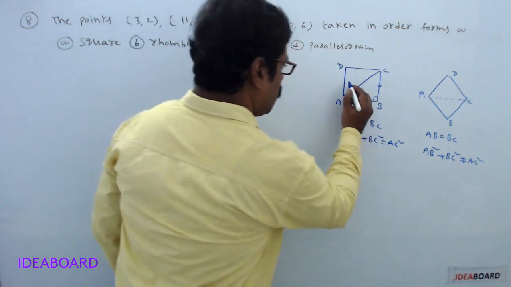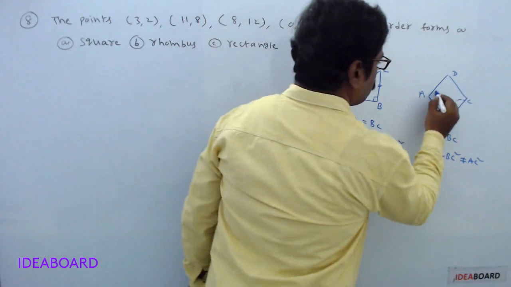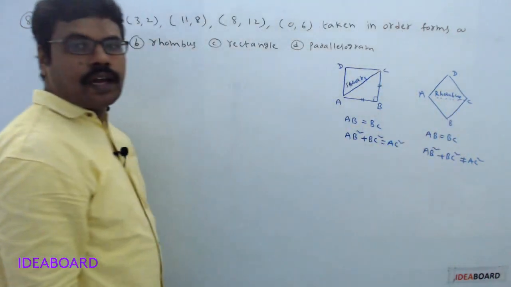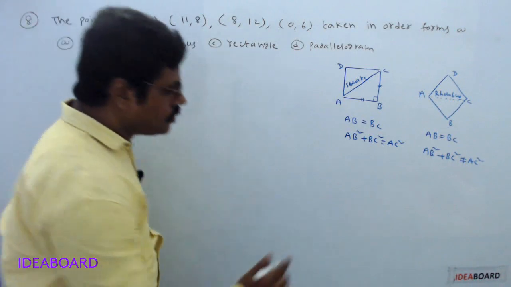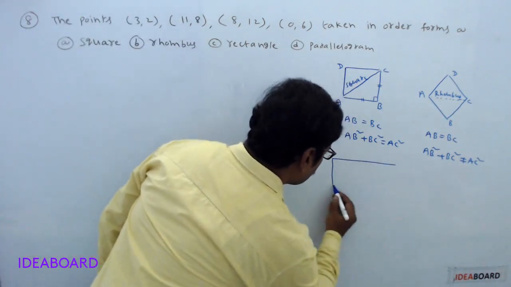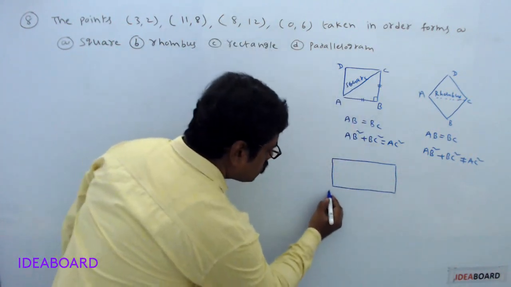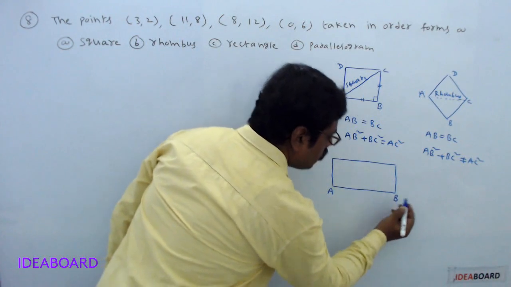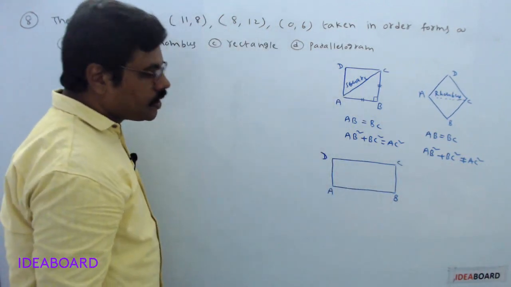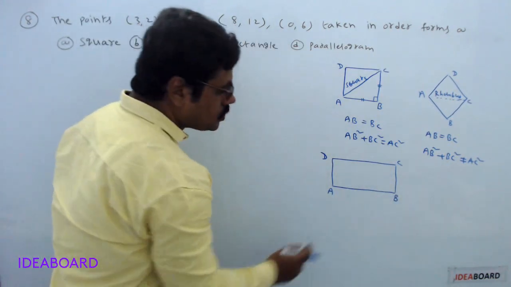Then here I can write down the square, it is a rhombus. Then come to the diagram rectangle. Suppose vertices of the rectangle are A, B, C, D. Now in the rectangle diagram, adjacent sides are not equal.